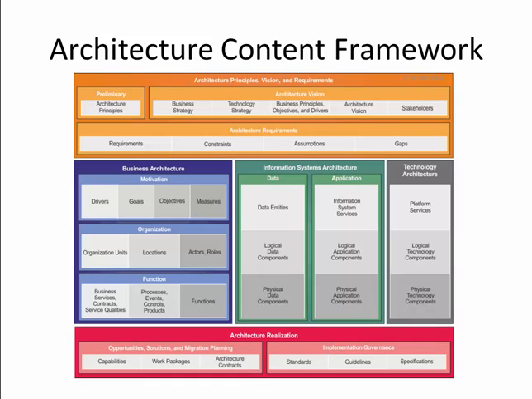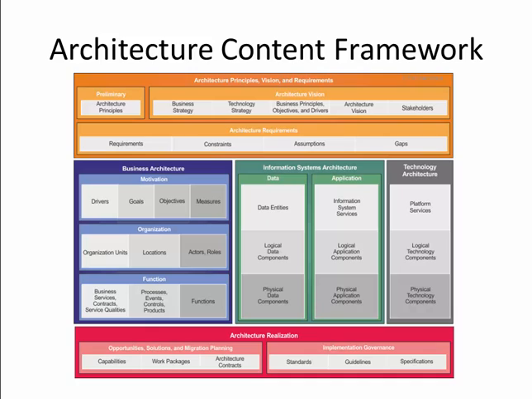The architecture content framework defines the structure of what the architecture principles, visions, and requirements are. What are the architecture requirements? What are the business architectures, information systems architecture, technology architecture, and how do you realize the architecture?